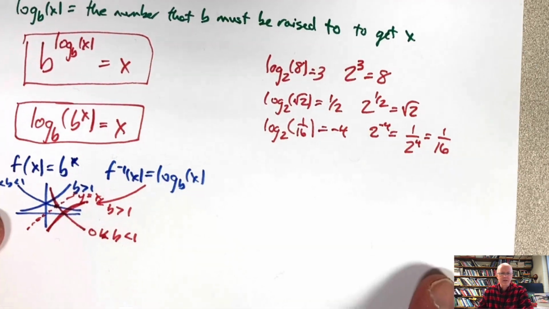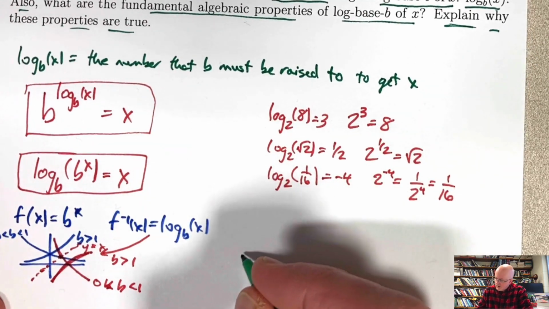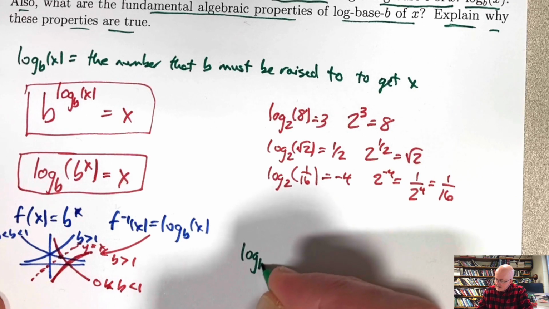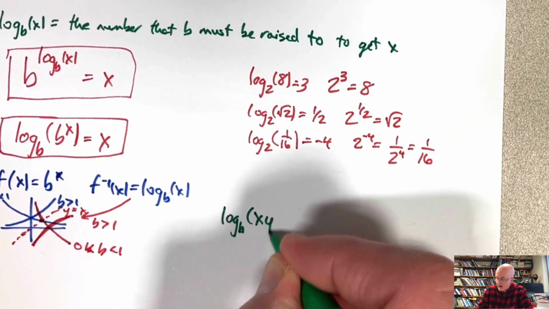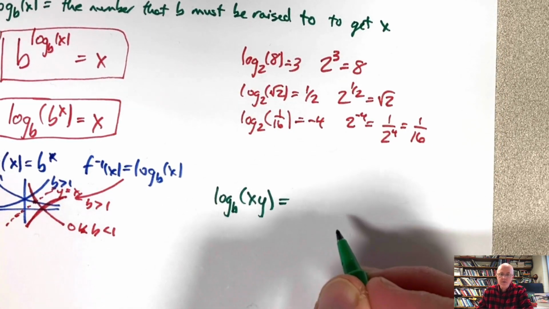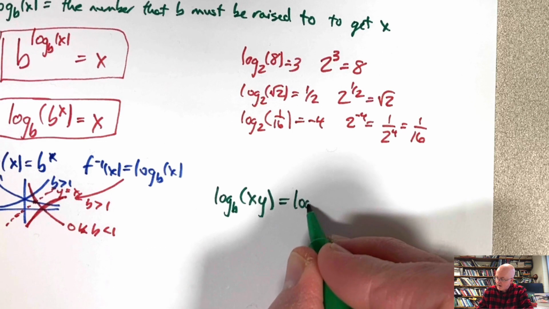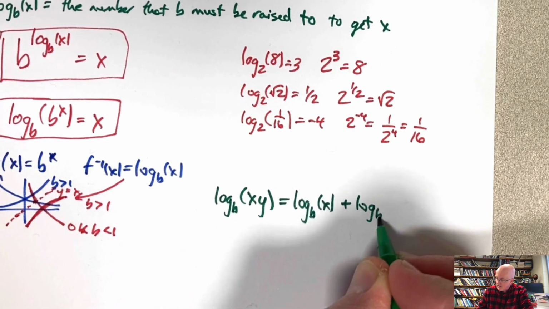What are some other properties? Well, maybe you've learned them. Let me write them down. Log base b of a product, say x times y. When I write xy, it means x times y. The log of a product is the sum of the logs. This is another fundamental property of logarithms.